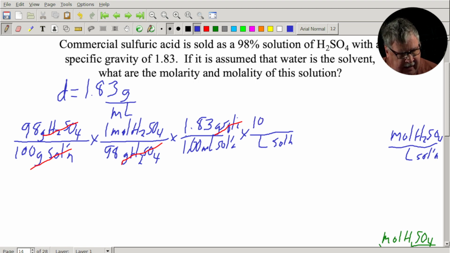That means I'm going to multiply whatever combination I have before by 1,000. And so if I take 98 divided by 100 divided by 98 times 1.83 times 1,000, I get 18.3, but it's going to round back to 18 because there are only 2 sig figs in the concentration percentage. So this solution is 18 molar.